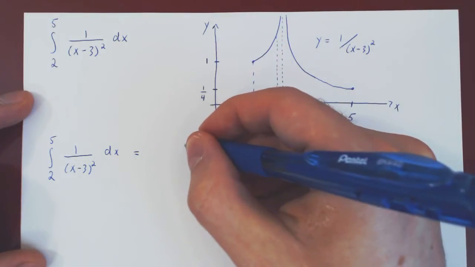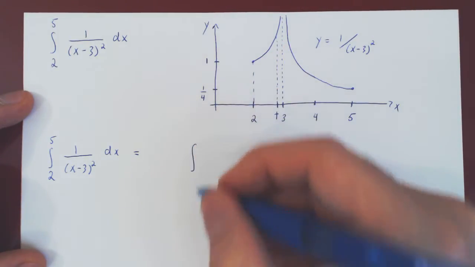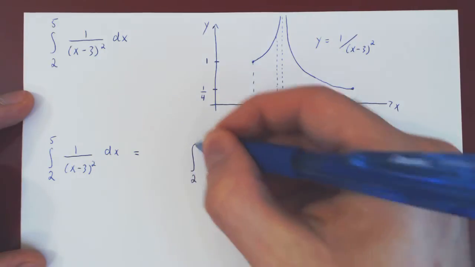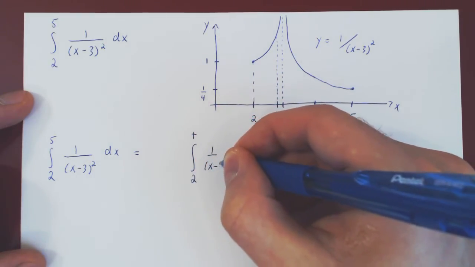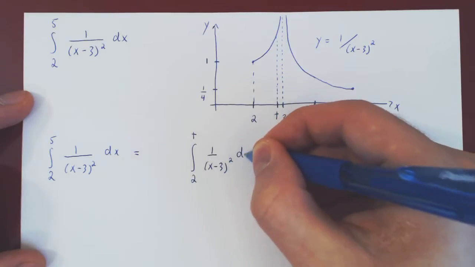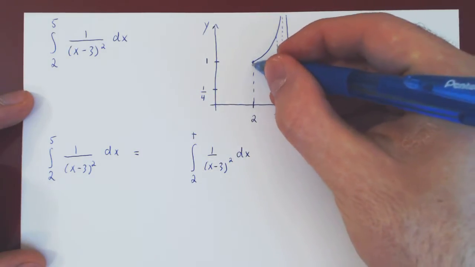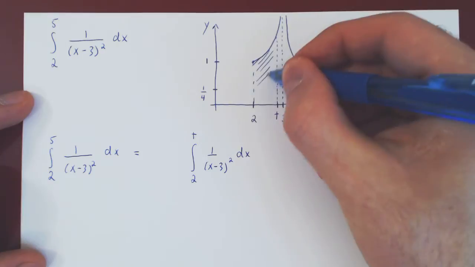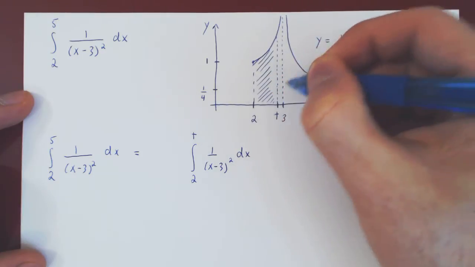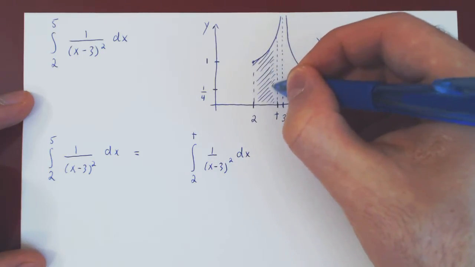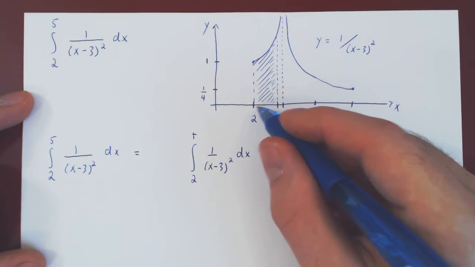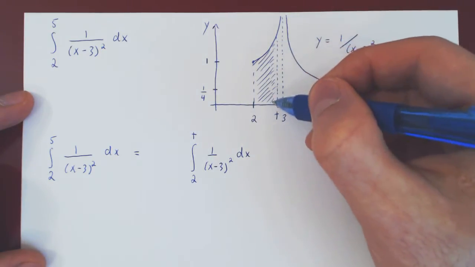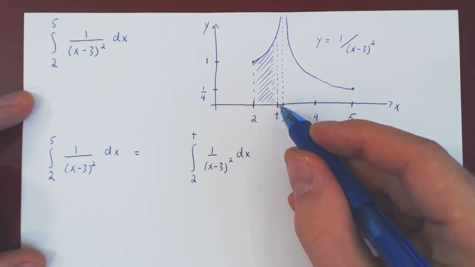So as we integrate from 2 to t our function 1 over (x minus 3) squared, then we'll have the exact area below our curve between 2 and t. And to complete from 2 to 3, we will have to let t get closer and closer to 3.